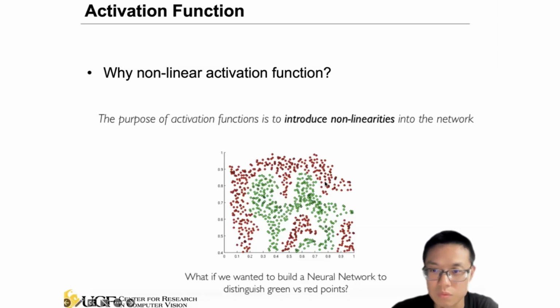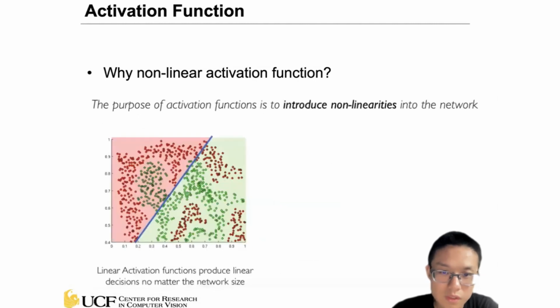If we want to build a neural network to correctly classify these simple two classes, the red dot and the green dot in 2D space, and we only have a linear function, maybe a linear regression or logistic regression, you basically have a line to separate these two classes.